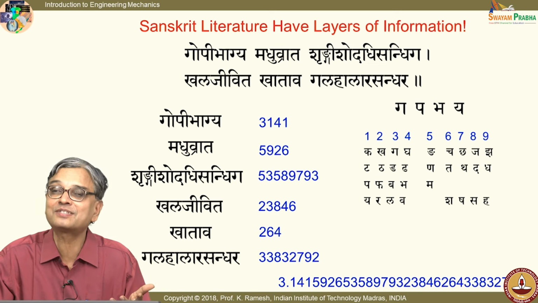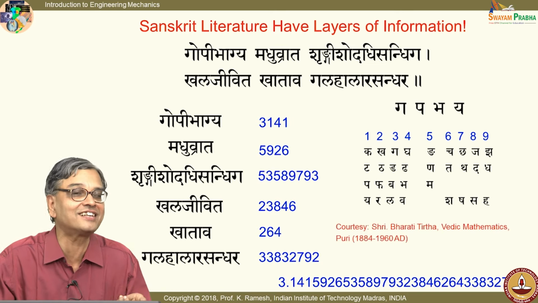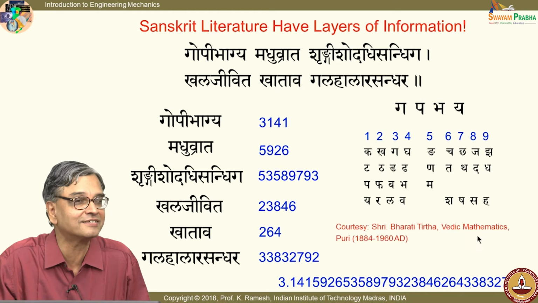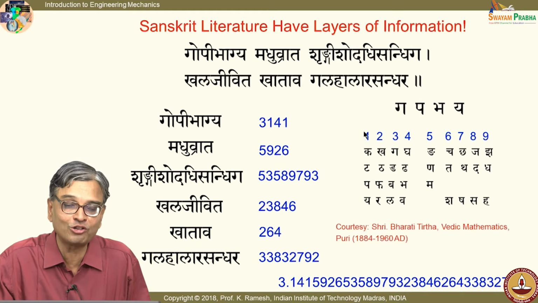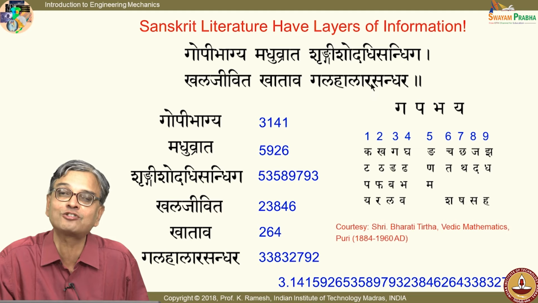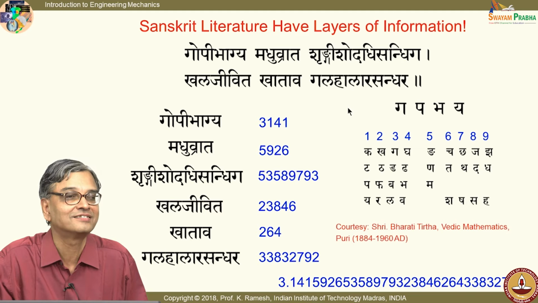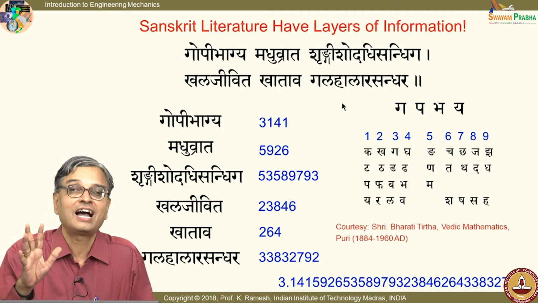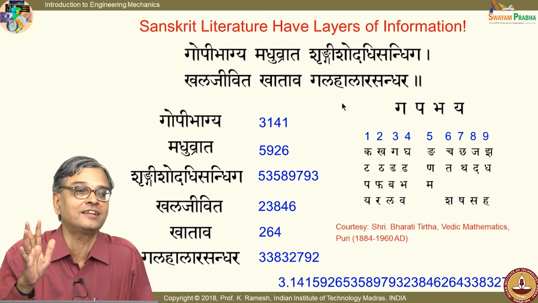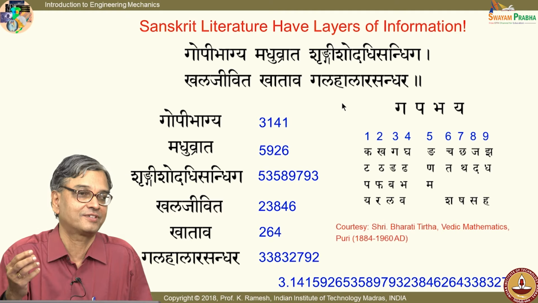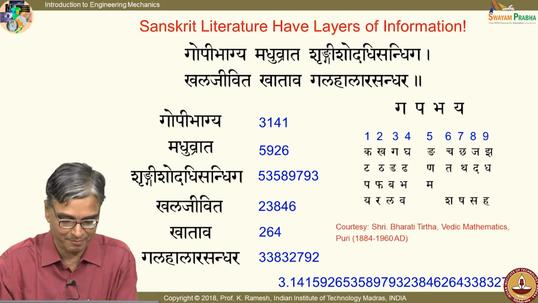Unless somebody comes and tells us that this shloka has this, that goes to the credit of Sri Bharati Tirtha of Vedic mathematics. And the story also goes, we saw that this extols the activities of Krishna. There is another interpretation, it also extols Shiva. So, Sanskrit literature is so complex, unless you have the right interpreter, you will miss what it communicates. Okay, that is the background that you have to keep in mind.